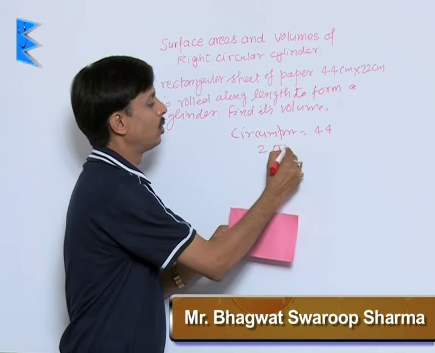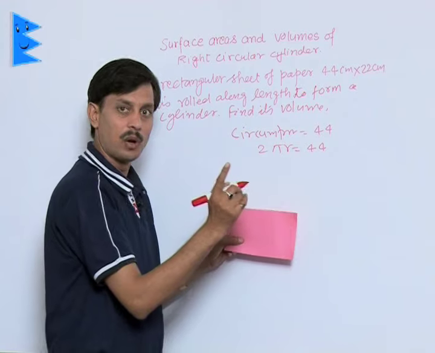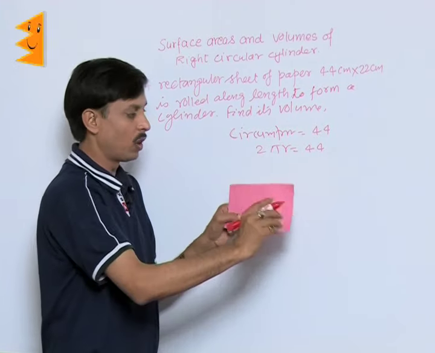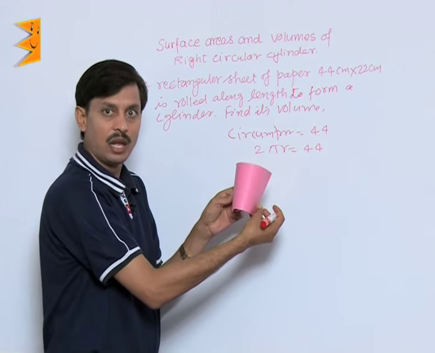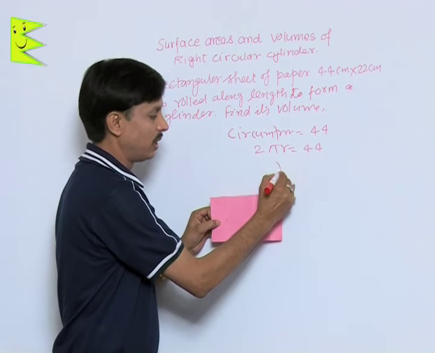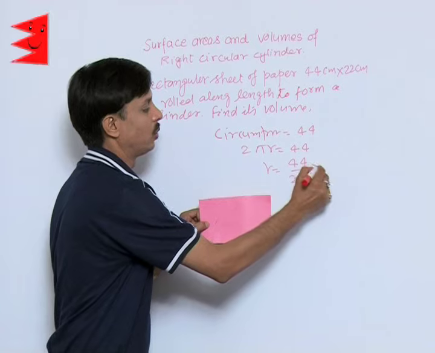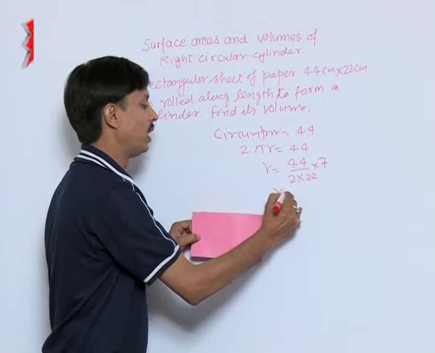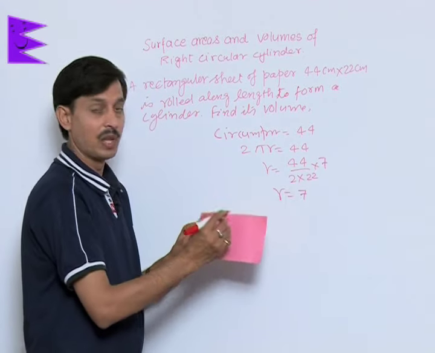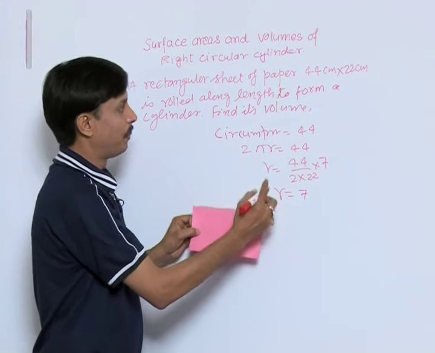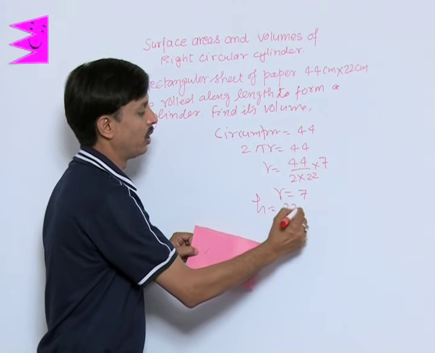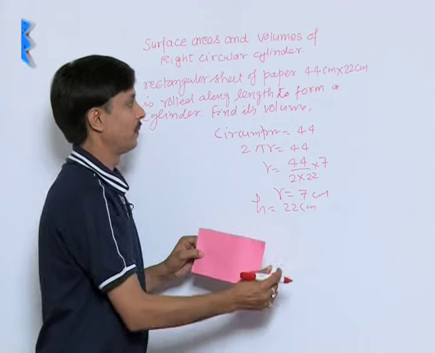That is 2 pi r is equal to 44. Why circumference 44? Because it is rolled along the length. So radius is equal to 44 upon 2 into pi, 22 by 7. So radius comes out to be 7. Height is the breadth. Height is 22 centimeter.